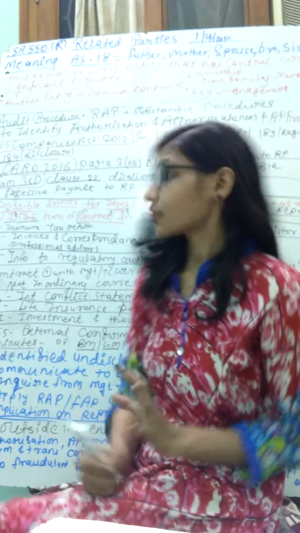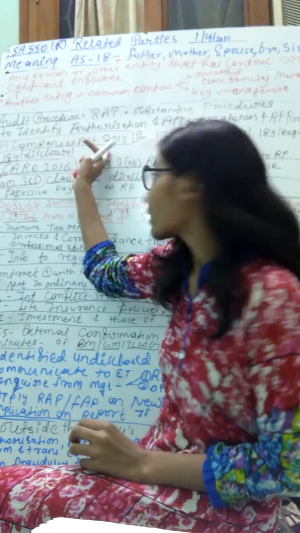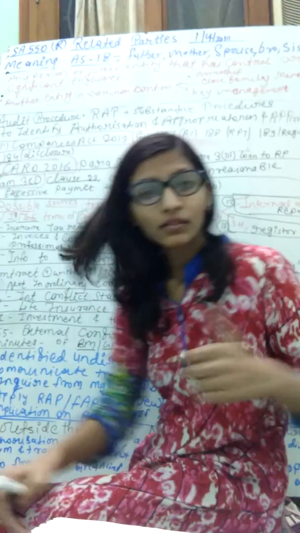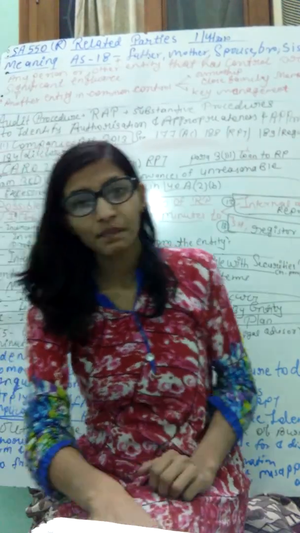For example, if we talk about the Companies Act 2013, there are provisions about related parties in sections 189, 188 and 184.